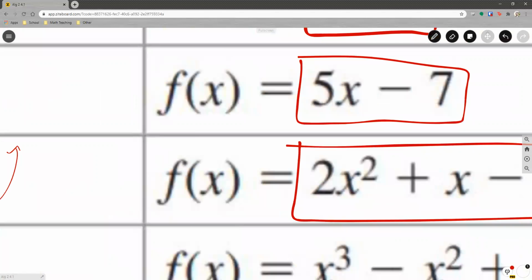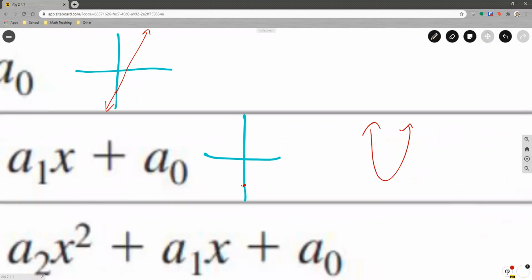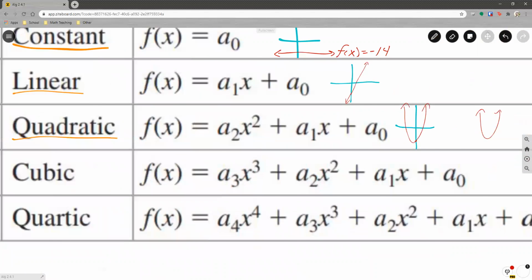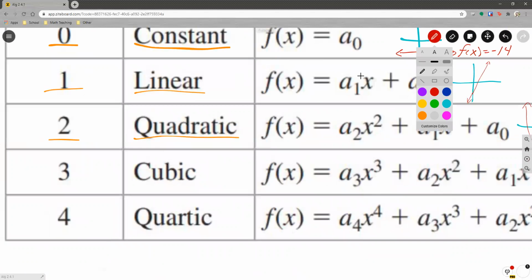So with that, I could calculate my axis of symmetry, and it would give me a graph that looks something like that. So those are the ones that we've dealt with before, but going forward, we're going into third-degree polynomials and fourth-degree polynomials. The third-degree polynomials are called cubics. You can think about like a 3-dimensional object, a cube, right?